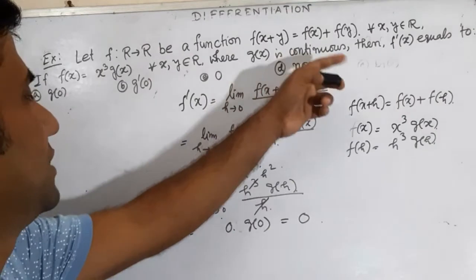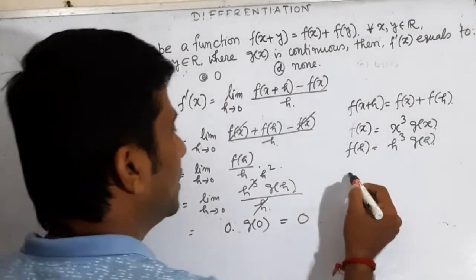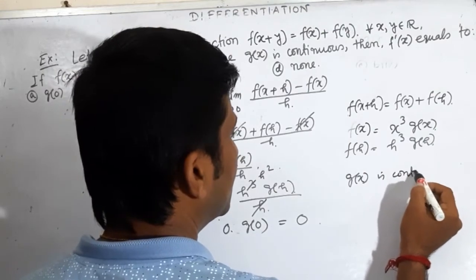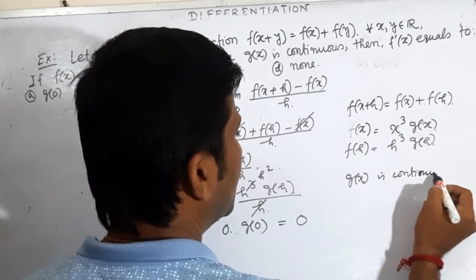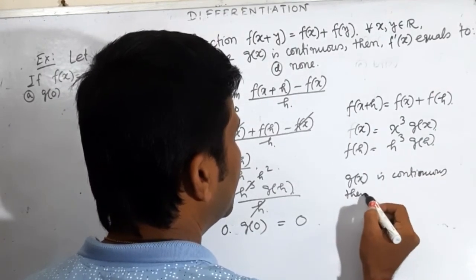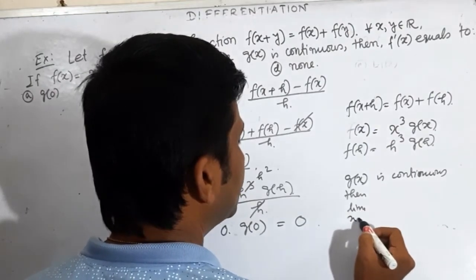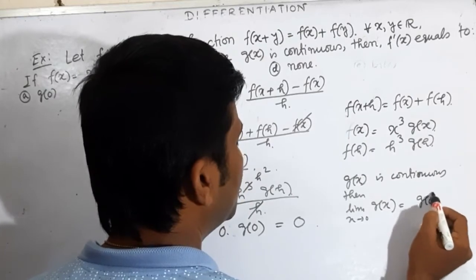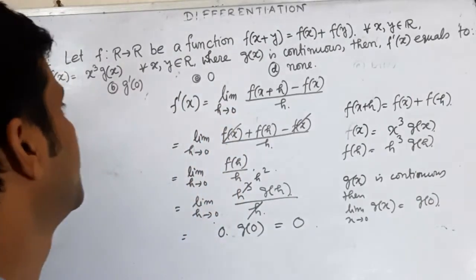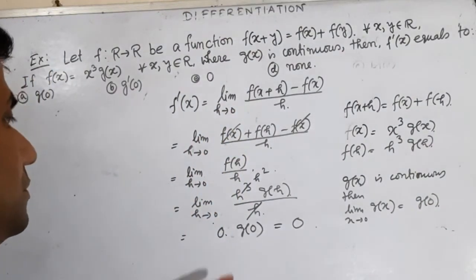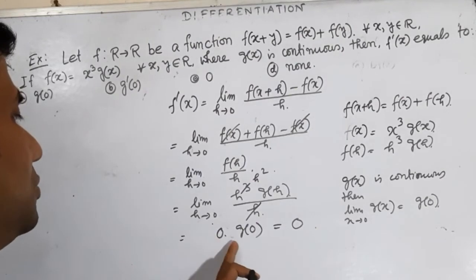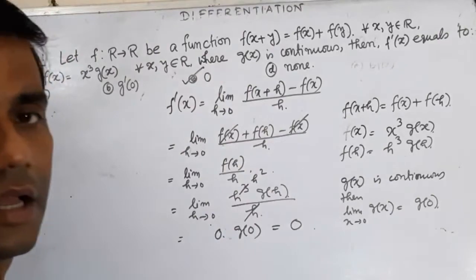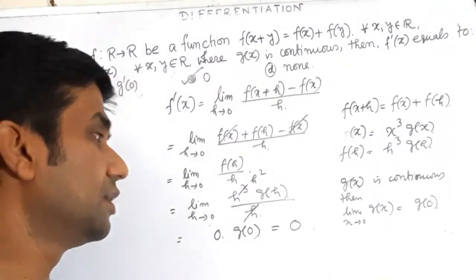Since g(x) is continuous, you can do it in this way. g(x) is continuous, then limit x tends to 0 of g(x) is equal to g(0). That means 0 into g(0) is equal to 0. So C is your correct answer.